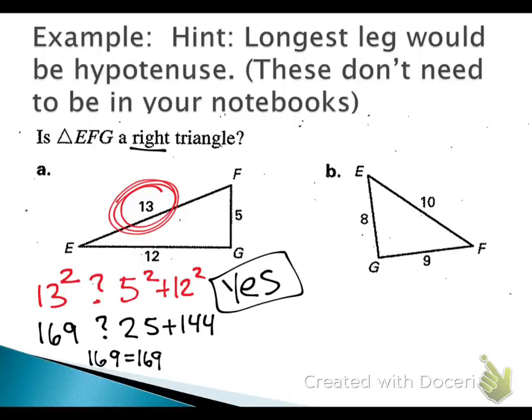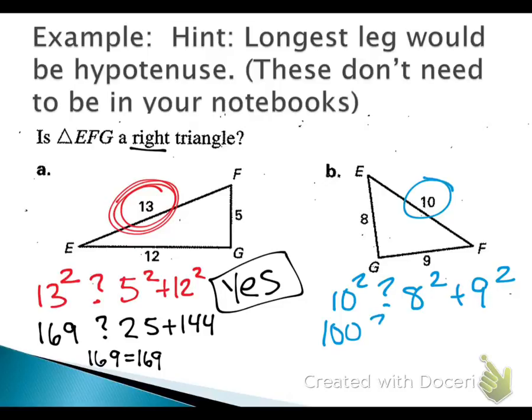Part B, we're going to do it the same way. We got to find the longest one first, so that's going to be the 10. 10 squared, I'm not sure. 8 squared plus 9 squared. 10 squared is 100. This is 64. This is 81. So that is 145.